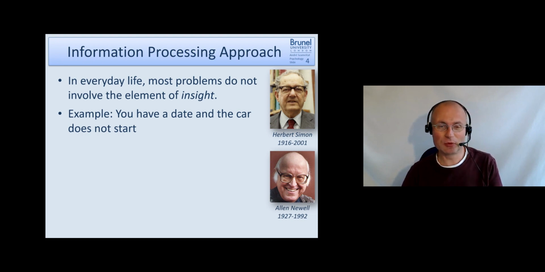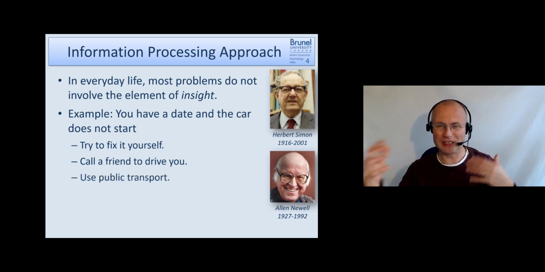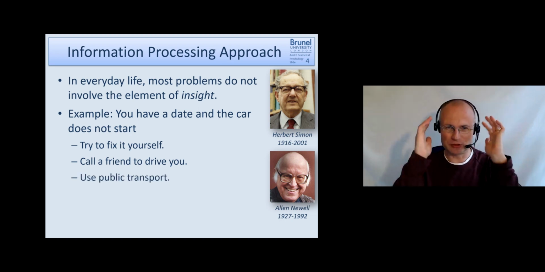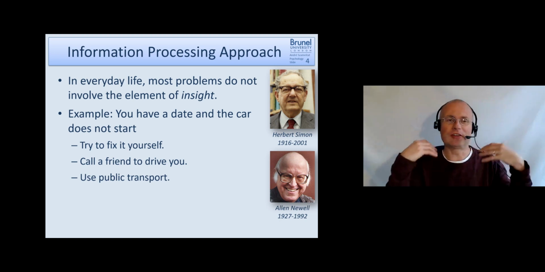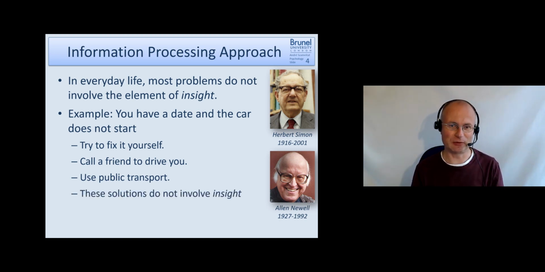For example, we may have an appointment and our car does not start. We may try to fix it ourselves, call a friend to drive us, or use public transport. So we already have different solutions available. We just consider which ones are most appropriate for the current situation, and then we pick that one.